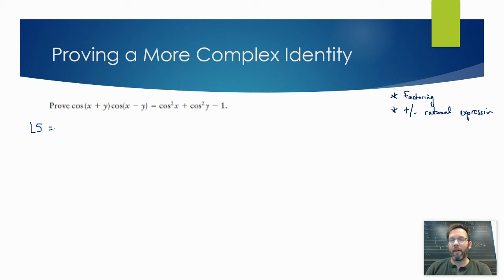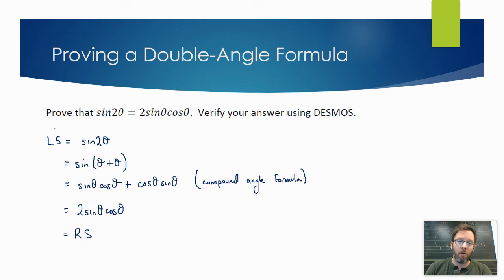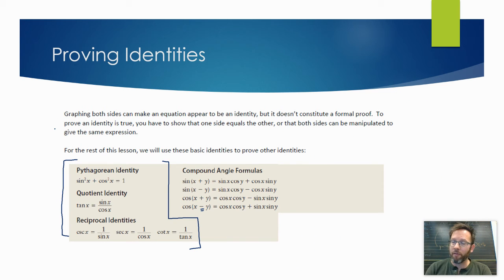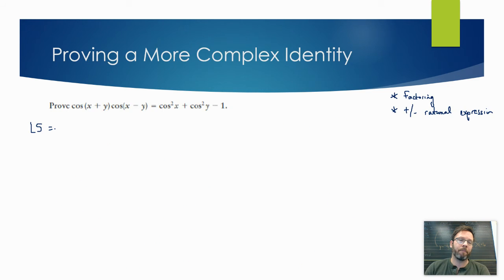And I look at the left-hand side and I see cosine of x plus y. I see cosine of x minus y. And for me, that's a clue that maybe I should be applying my double angle formulas for cosine. So cosine of x plus y is cosine cosine minus sine sine. So it looks like this.